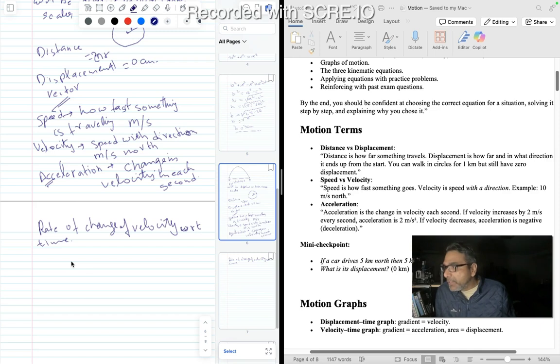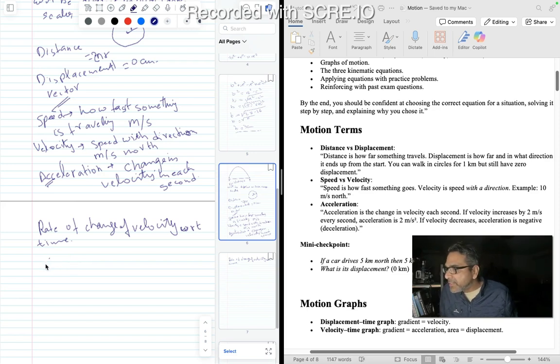Okay, so let's say in the start a car is traveling at, let's say, 60 kilometer per hour, right? It looks like 60.